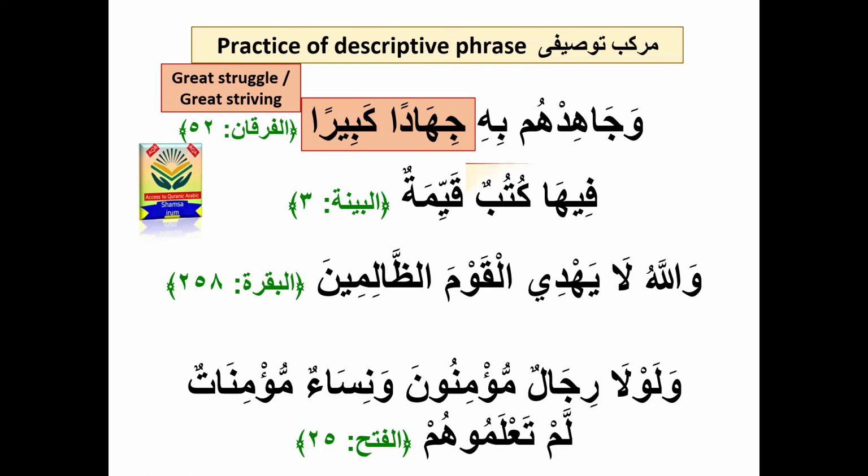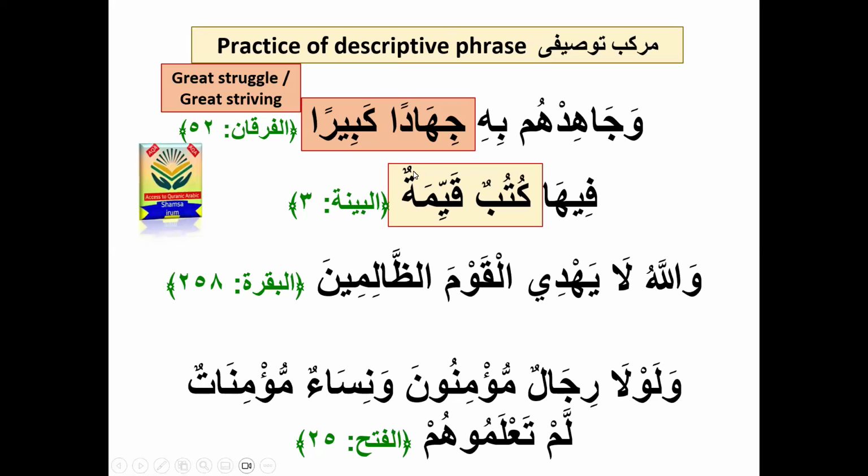Kutubun qayyimatun. Kutubun qayyimatun is a descriptive phrase as well. So kutubun is a broken plural of ghair aqil, of irrational. The singular is kitabun. Broken plural is kutubun, which is irrational, which is ghair aqil, and the sifa is wahid muannas, singular feminine.